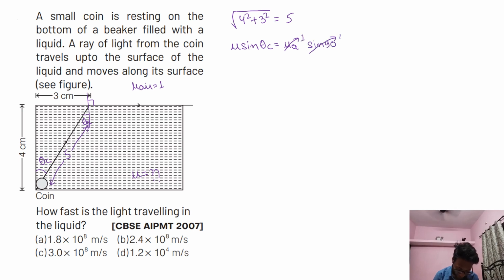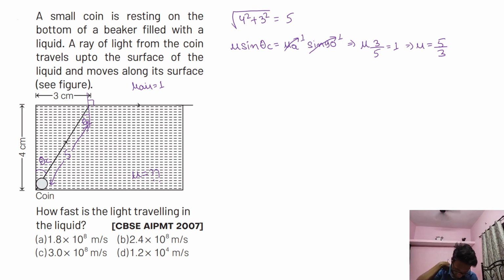Sine 90 is 1. You have to find mu of the liquid. Mu of air is not 3 by 5; mu of water is mu only. Sine theta c is 3 by 5. So mu into 3 by 5 is equal to 1, or mu is equal to 5 by 3.